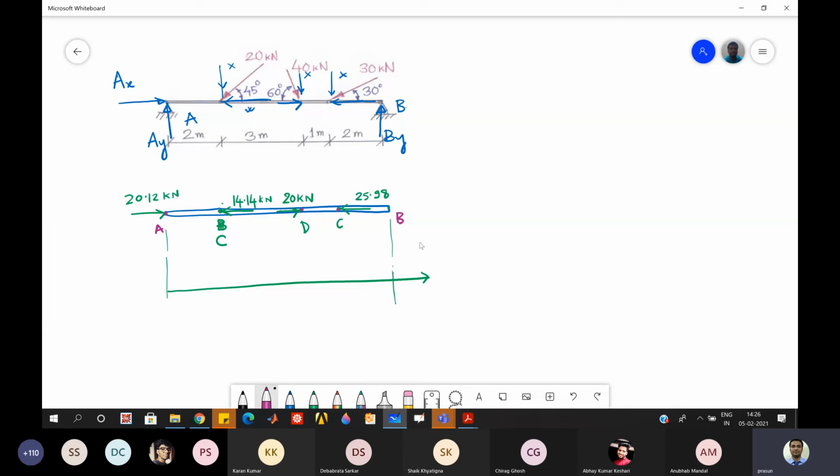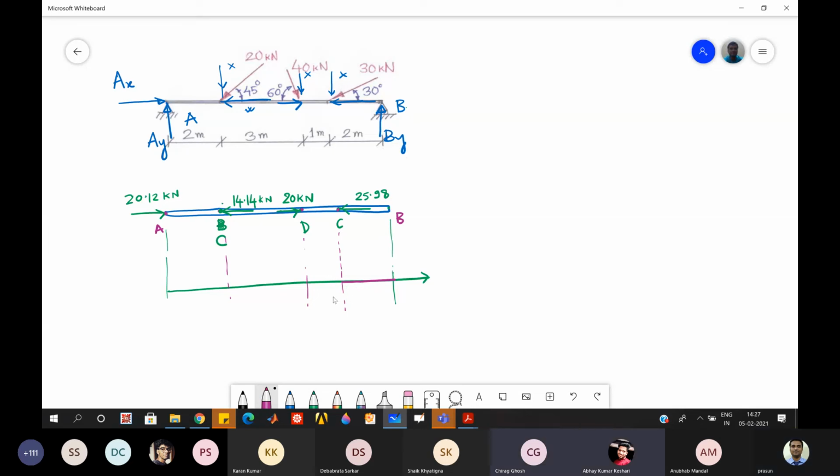I prefer to go from the right to the left, even in the SFD and BMD case, or for this particular case also. So let us go from right to left. I'll start with section BC. So what will be the axial force between this BC? 0. Yes. So this is 0. And then next, CD?